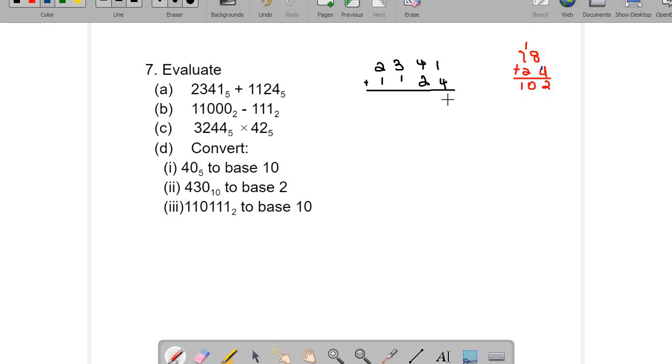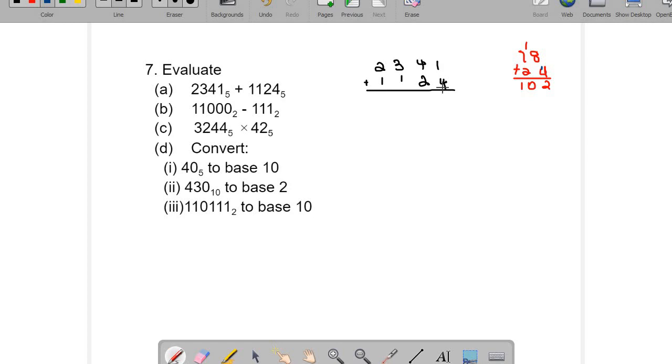Now keep in mind, for base 5, the only digits you're allowed to use are 0, 1, 2, 3, and 4. So we cannot write 5 in this place value or column. Instead, we're just going to carry 1 when we get a number that is 5 or more.